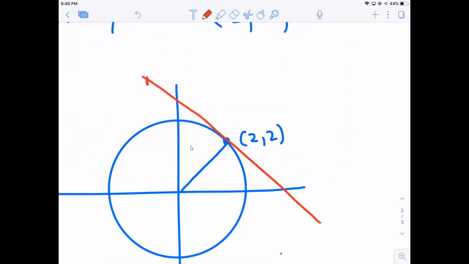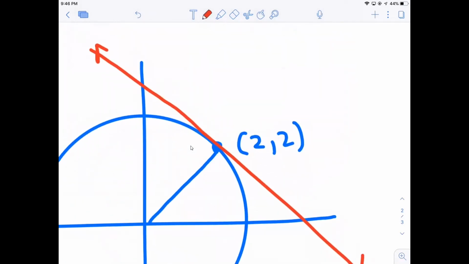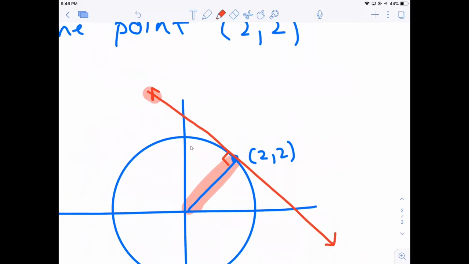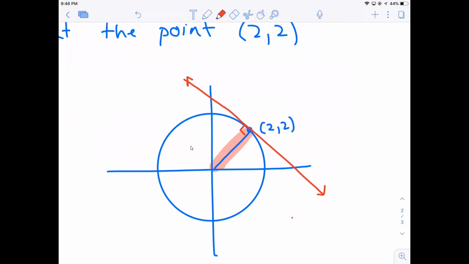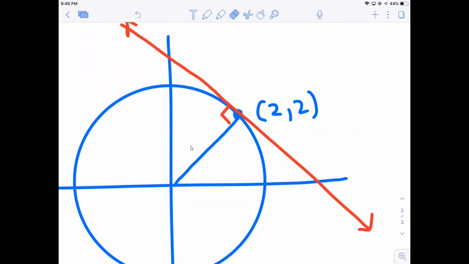So now that I know these lines are perpendicular, if I can find the slope of the radius, I know the slope of our tangent line would be the negative reciprocal slope. And once you know the slope and the point that it passes through, you have the equation of your line. All right, so if you want to go ahead and pause the video and try that, you can. So let's take a look.